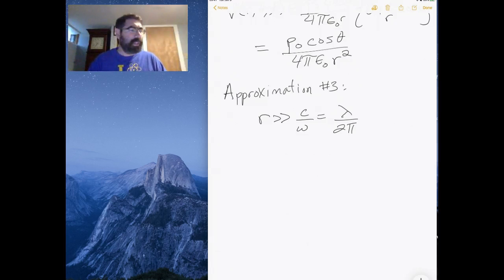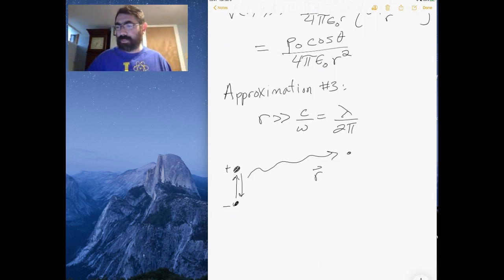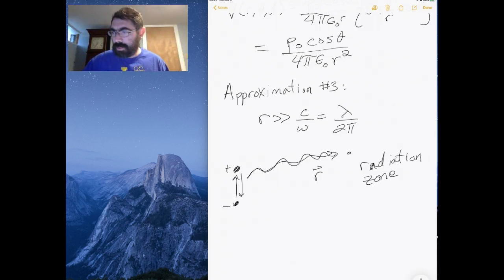So if this is my dipole, which is now oscillating back and forth, which is now going to produce radiation, the point out here in space, r, where we're going to be measuring the radiation, is much larger than the actual length of the wave. So we're many, many wavelengths away from our oscillating dipole. So this right here is called the radiation zone. Okay, so that's the radiation zone.